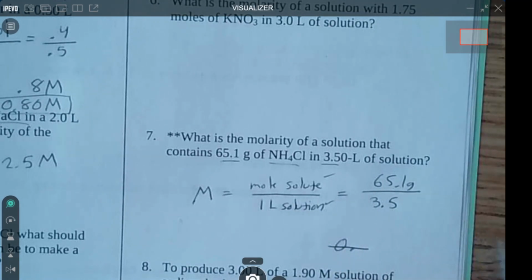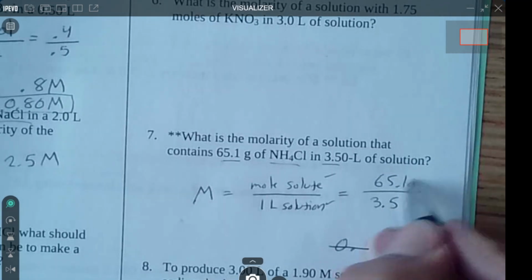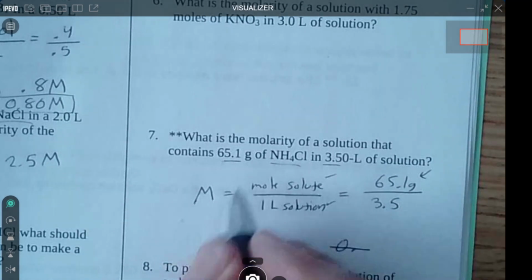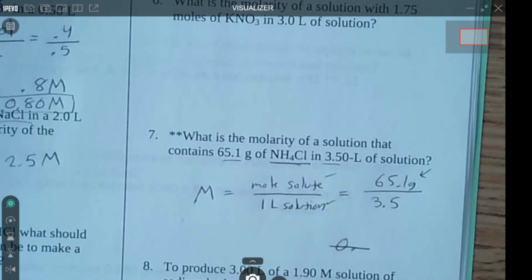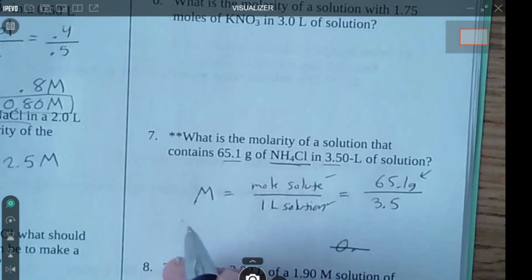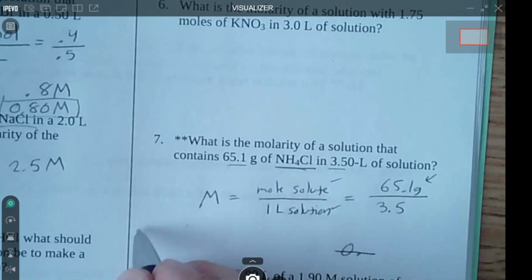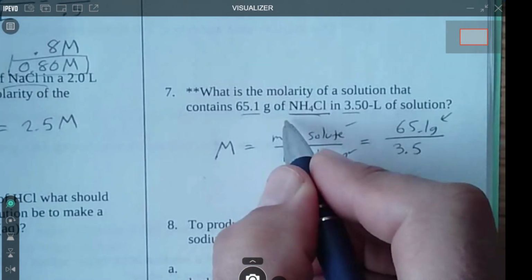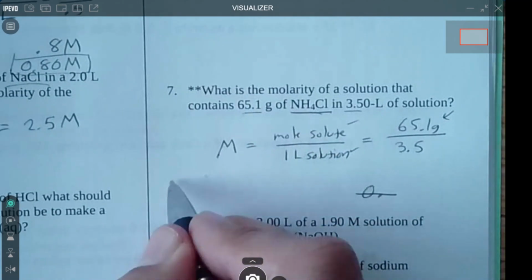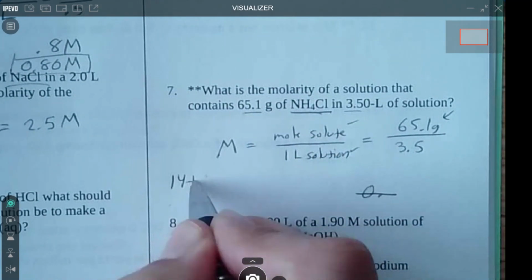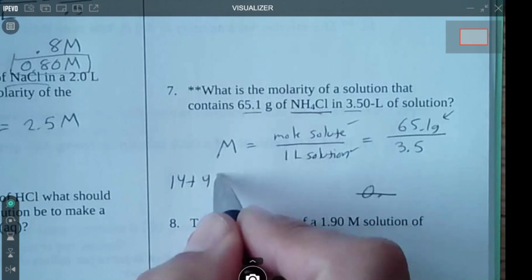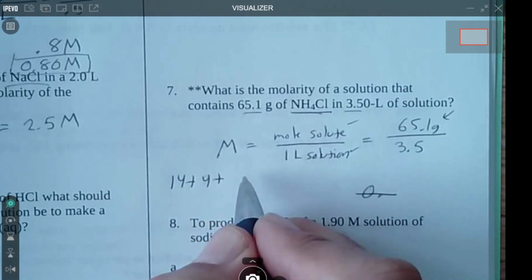These are not moles. We need to do the molar mass of ammonium chloride. So really quick, we go back to finding the molar mass of ammonium chloride. Nitrogen is 14, hydrogens, 4 of them, are 4, and chlorine is 35.